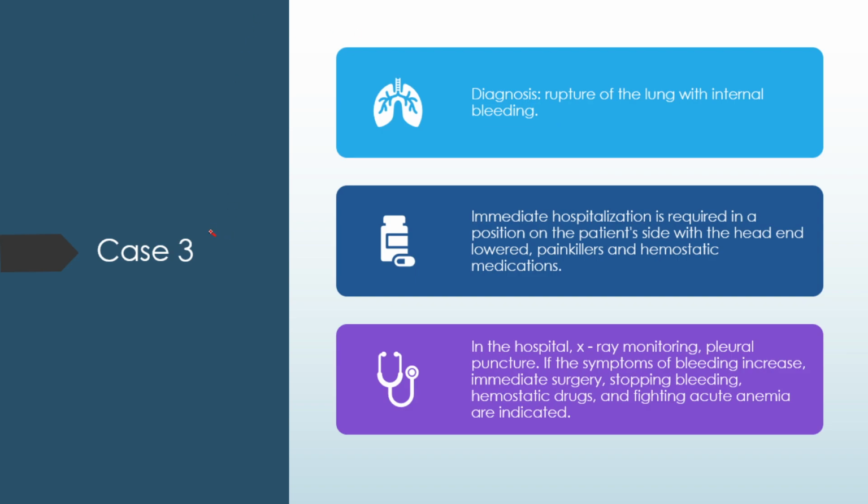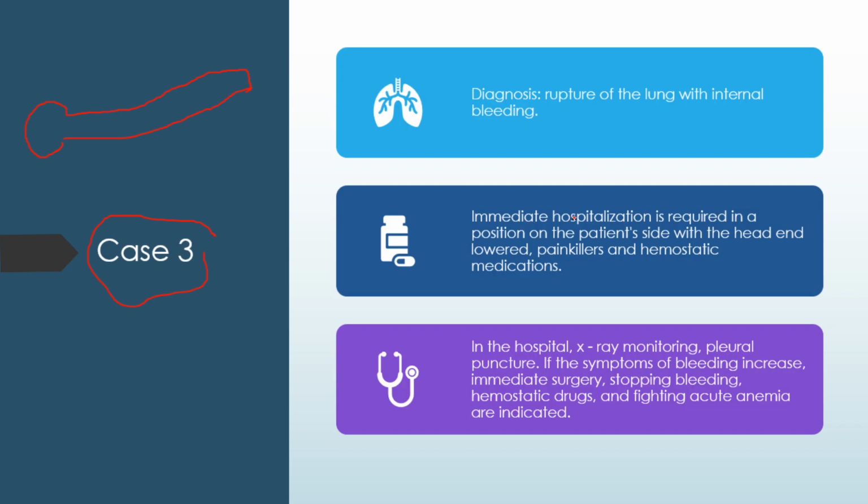case number 3. Diagnosis: rupture of the lung with internal bleeding. Immediate hospitalization is required, in a position on the patient's side with the head lowered. Yes, this is the Trendelenburg position, with the head down at 45 degrees.